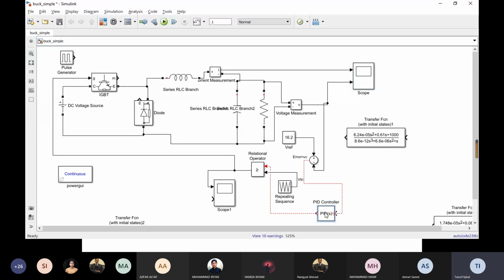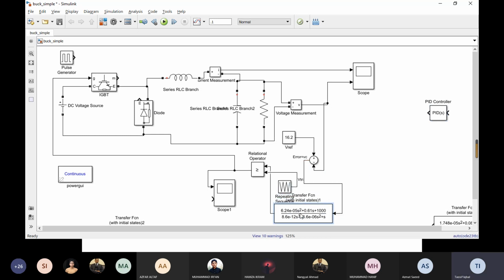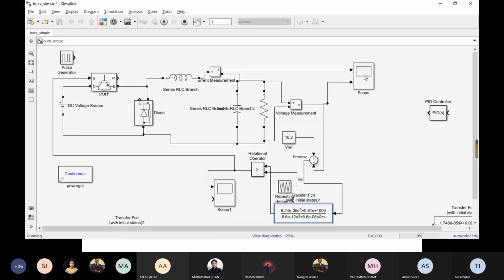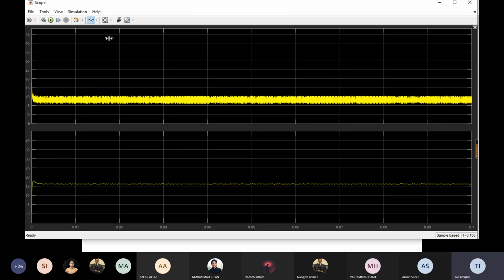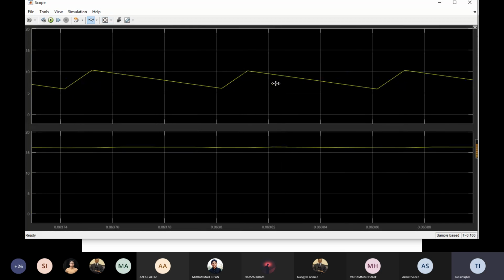And let's compare it with the modified controller. Even with 100 volts, the ripple is smaller and the response is much better.